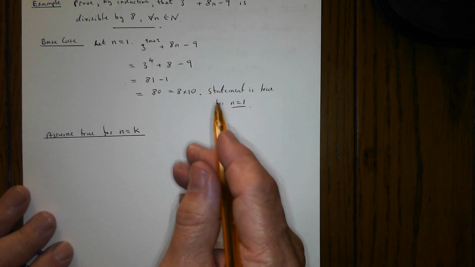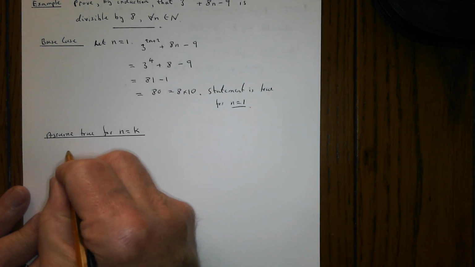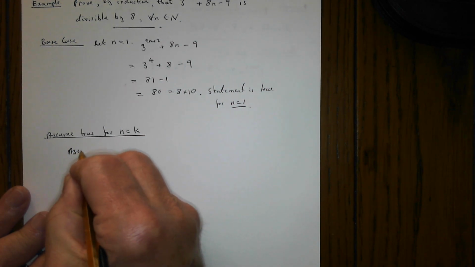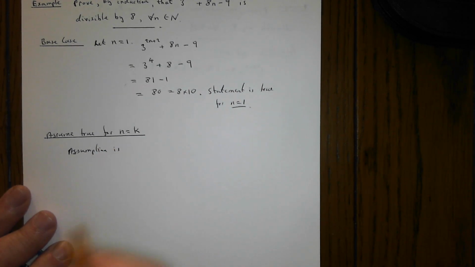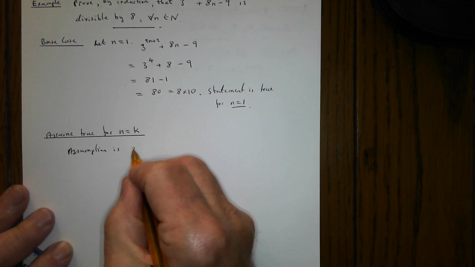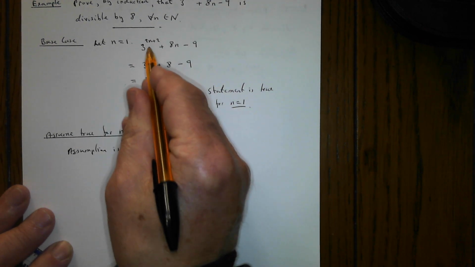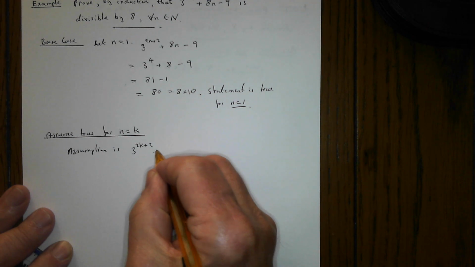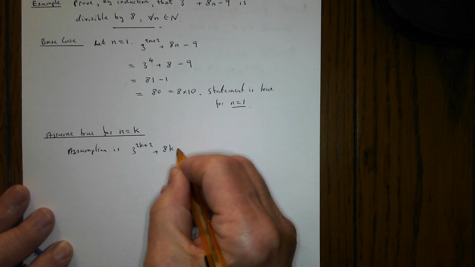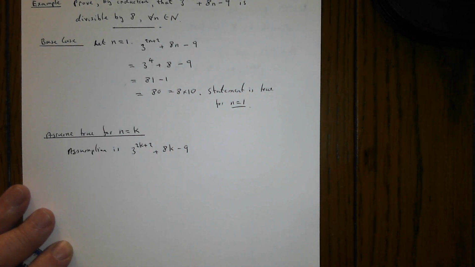This means then that our assumption is that 3 to the 2k, substituting k for n, plus 2, plus 8k minus 9 is divisible by 8.